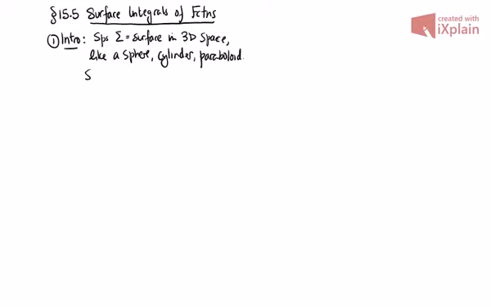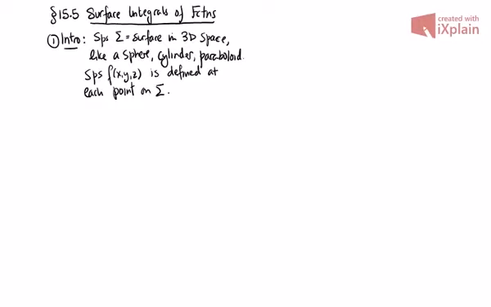Suppose that f is a function, f of x, y, z, defined at every point on sigma. So for every point on sigma, you can plug that point into f and you get a value out. Examples of this might be a density function, for example.